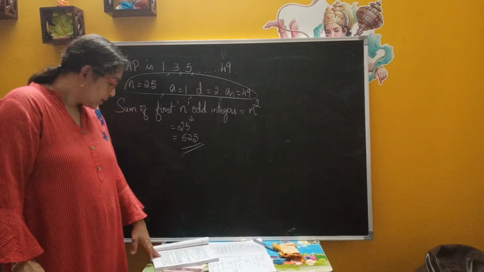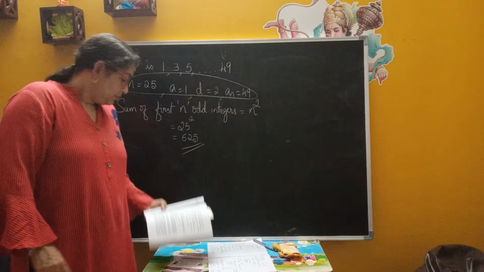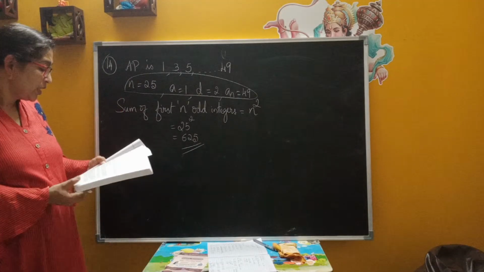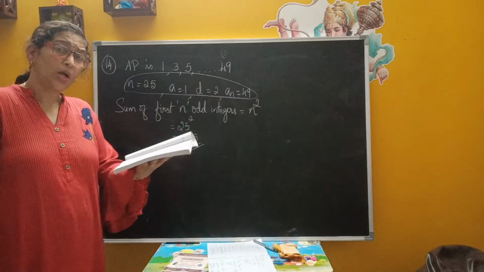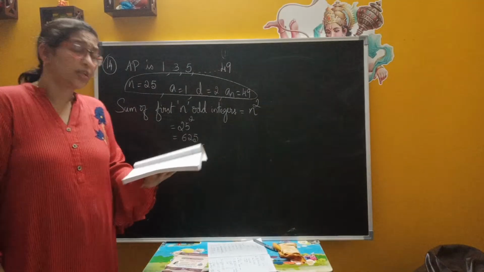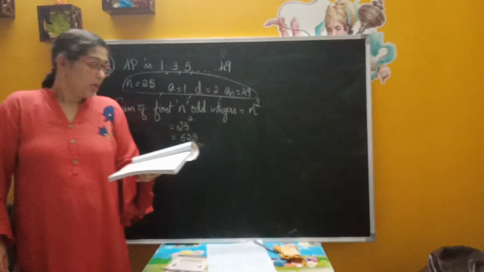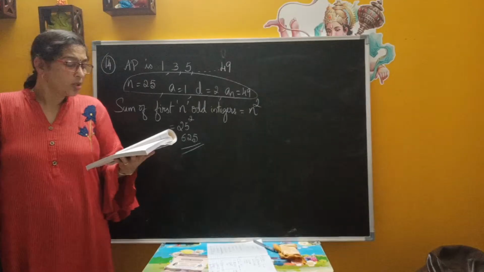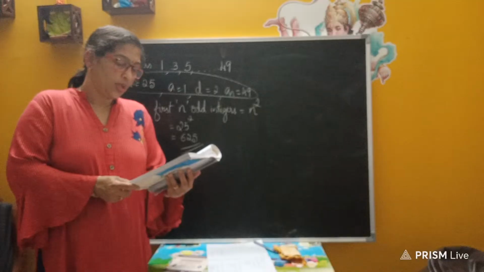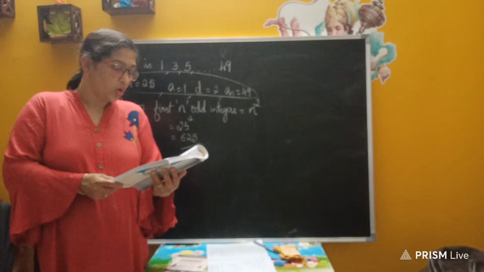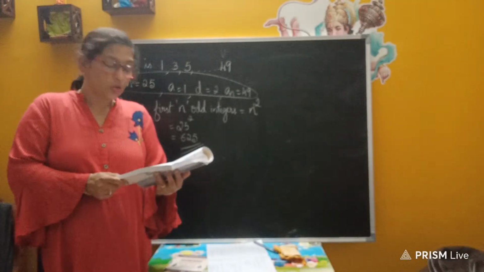Next. Yes, let me explain the 15th sum. Very simple, it's a direct question. I will explain how to do it, and then we go for the 16th problem. A contract on a construction job specifies a penalty for delay of completion beyond a certain date as follows.